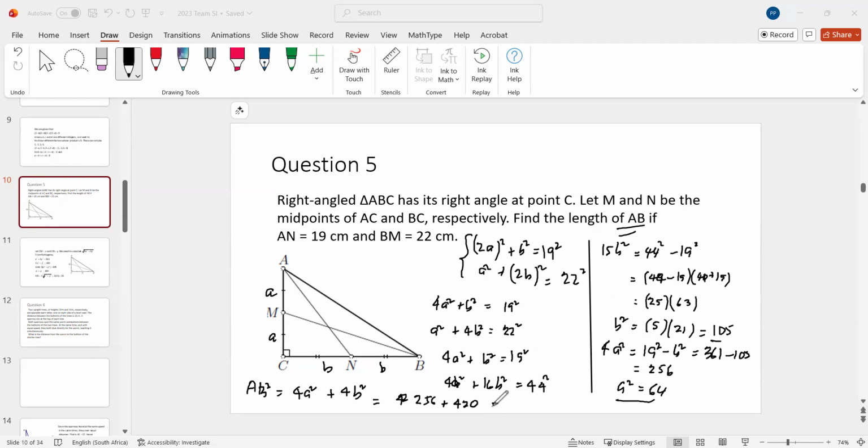Now 256 plus this is 676. And 676 is a perfect square. AB squared is 676, and it turns out that 26 squared is 676.